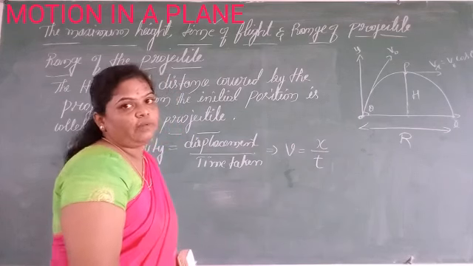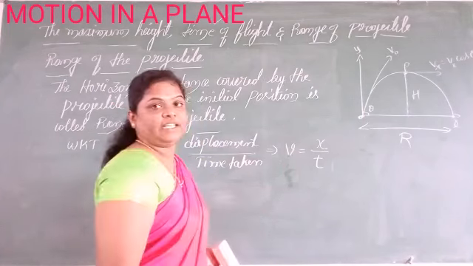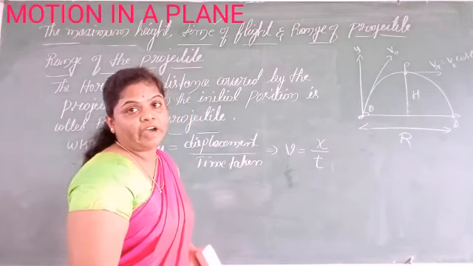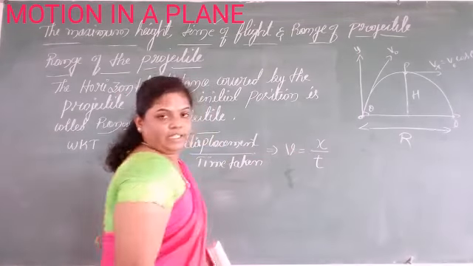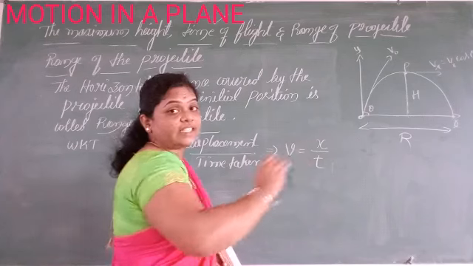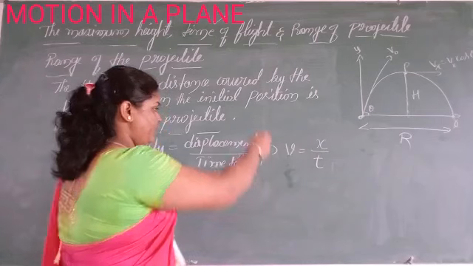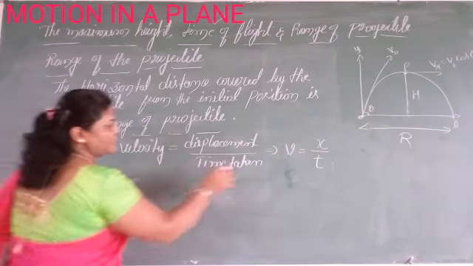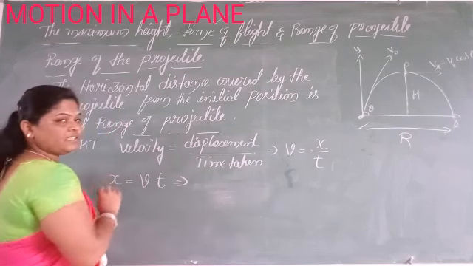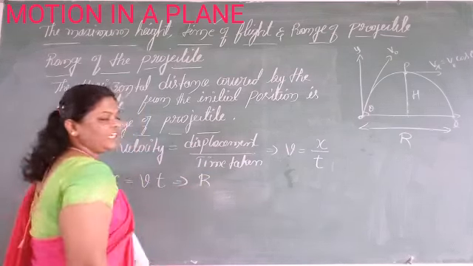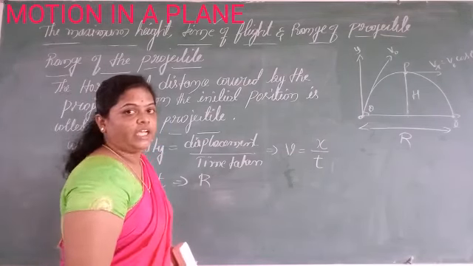Since it is two-dimensional motion, we have to take the time of flight. Here the velocity is the horizontal component of velocity, because we are taking the horizontal distance, the horizontal range. So now the distance x is equal to v into t, which implies x is the range of the projectile, the horizontal distance covered from the initial position.